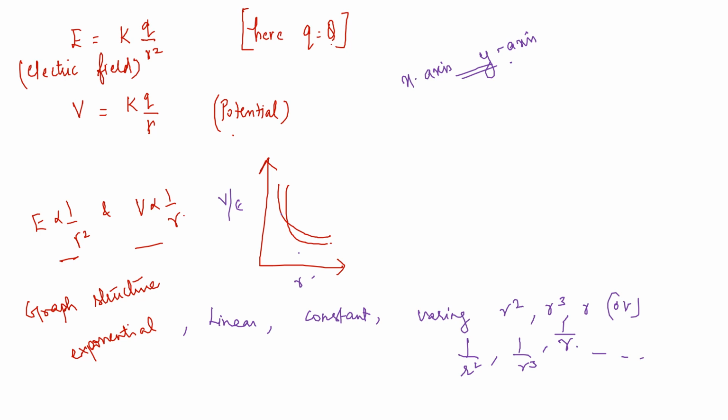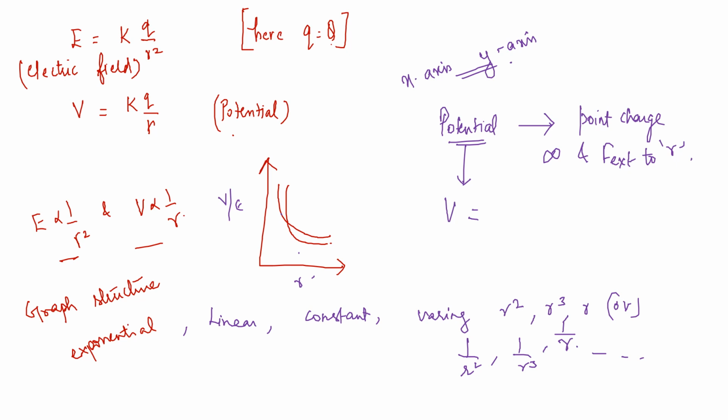So what we have read in today's class, we have understood potential, that is the potential generated due to a point charge which was at infinity and was brought by an external force to position R. How is the potential defined?